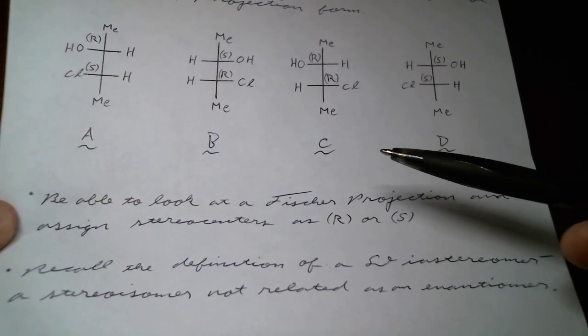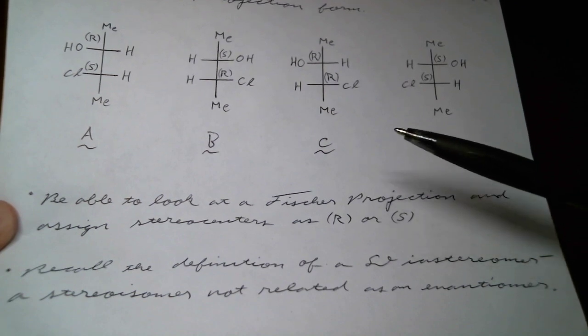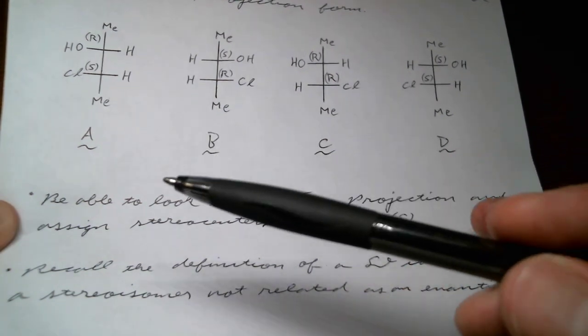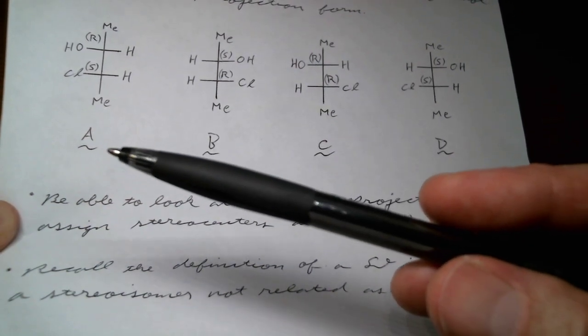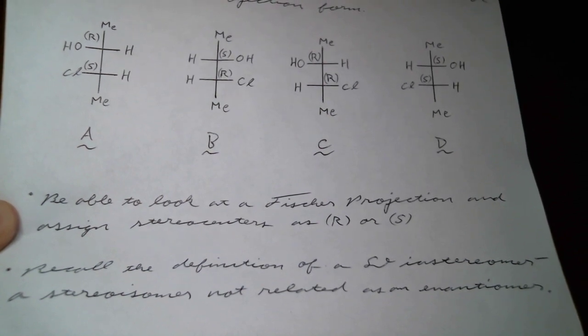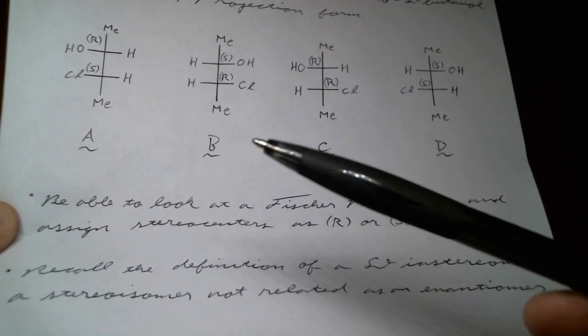So how we might phrase questions in an exam concerning Fisher projections, we might describe each stereoisomer as stereoisomer A, B, C, or D, and then ask you to give us the relationship between a pair of them. So how are A and C, for example, related?